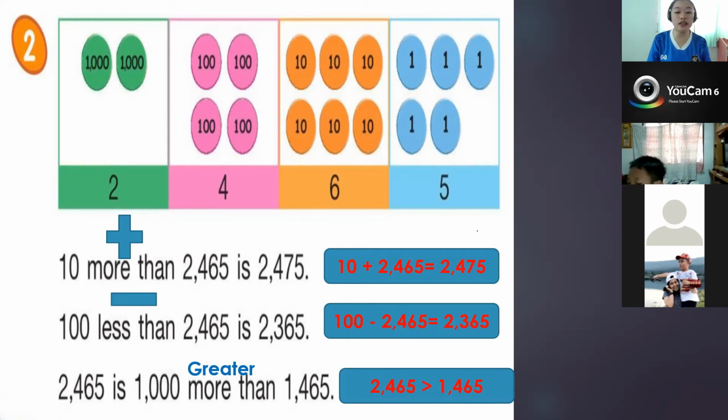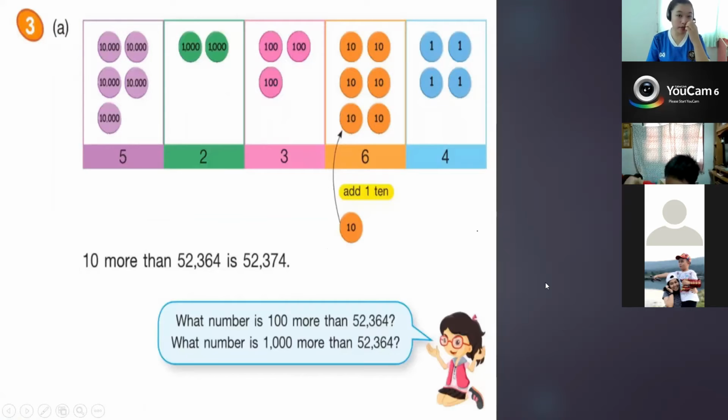Okay, so let's continue on page 19. Page 19. Okay, so we have here letter A. Page 19 of your book. We have here ones, tens, hundreds, thousands, and ten thousands.